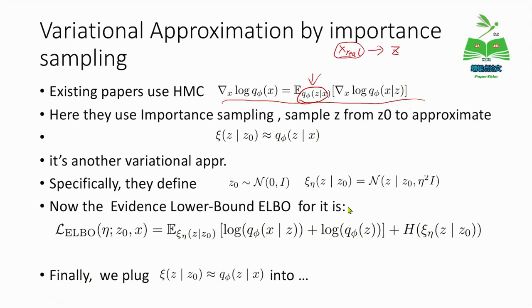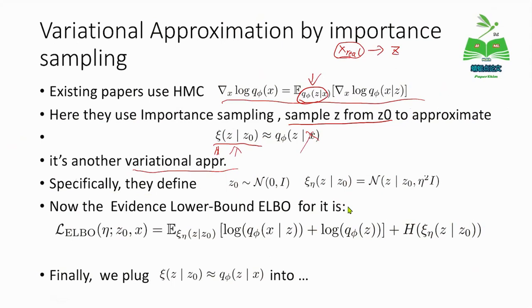So they use another distribution, z given z0, to approximate the q phi z given x. Now we remove the x with this new variational approximation.